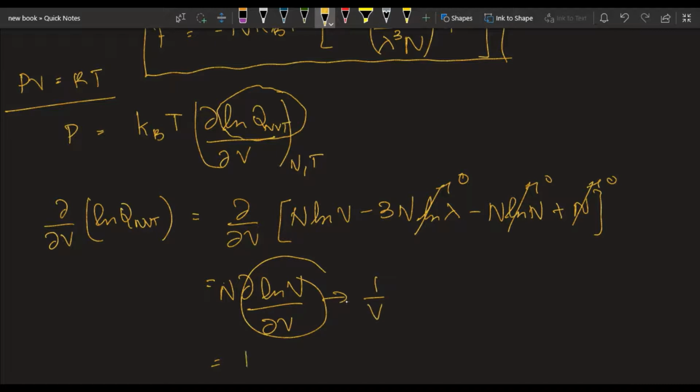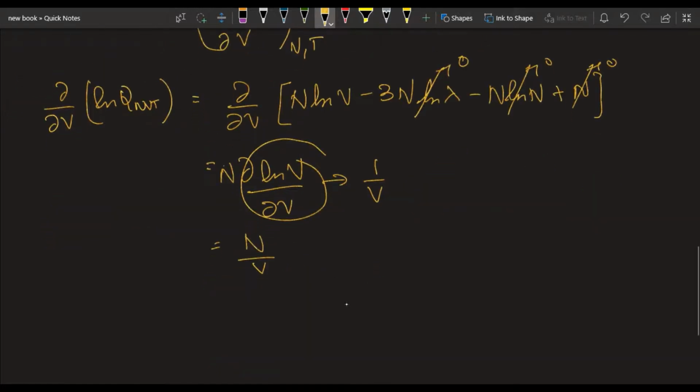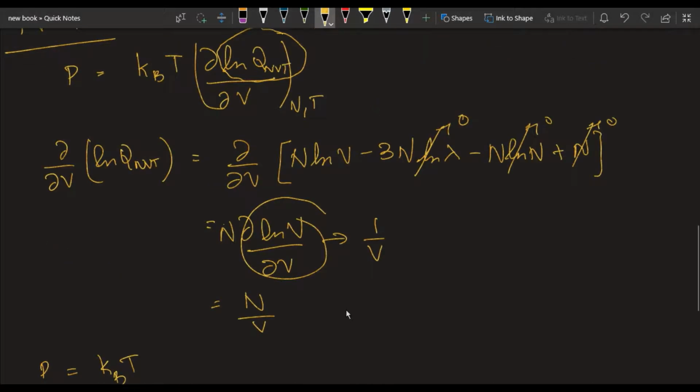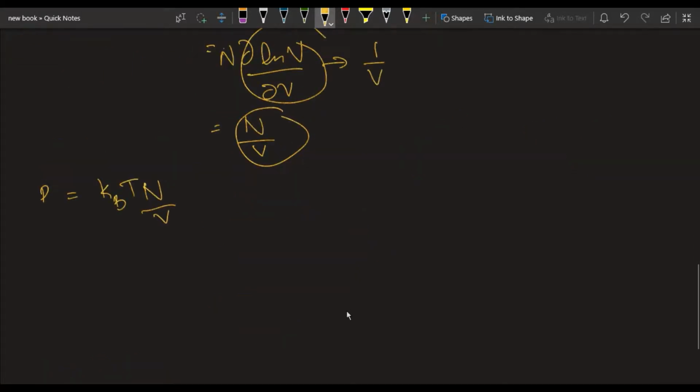So let's substitute it back. We have P equal to kBT times this value, that is n by V. So we have PV equals n kBT.